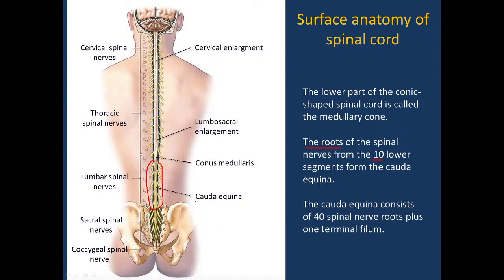That means horse tail in Latin. It looks like a real horse tail because it consists of 40 spinal nerve roots and only one terminal filum. So there are 41 structures in the cauda equina.